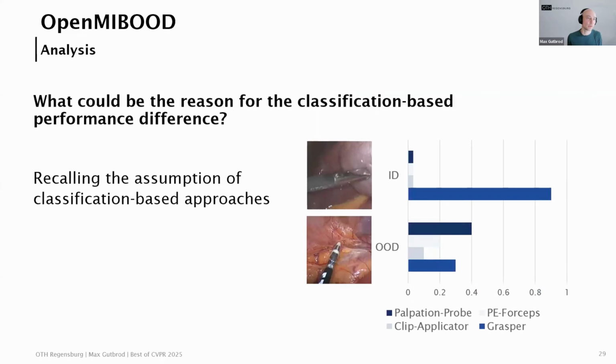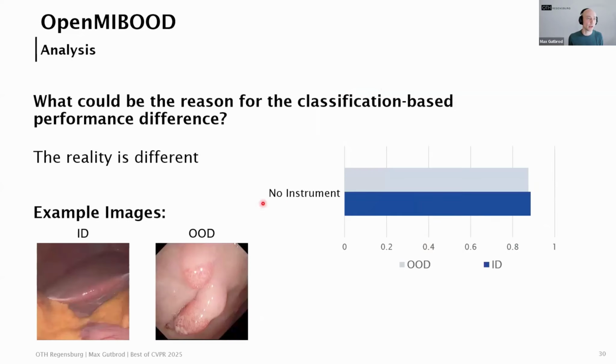So next, we try to understand where this difference in classification-based performance comes from. For this, let's recall the assumption of the classification-based methods, where the ID data should produce higher probabilities than the OOD data. For instance, we can look at our results for images where there is no instrument for the second benchmark with the fake dataset.